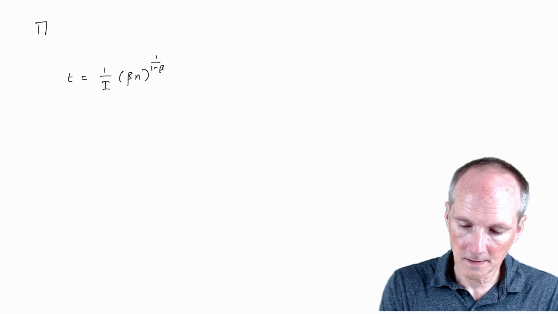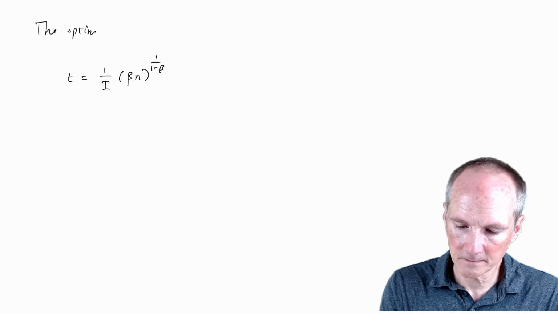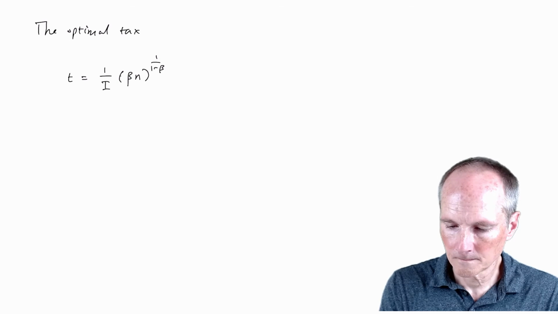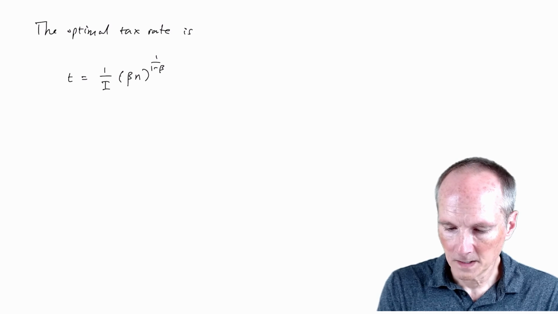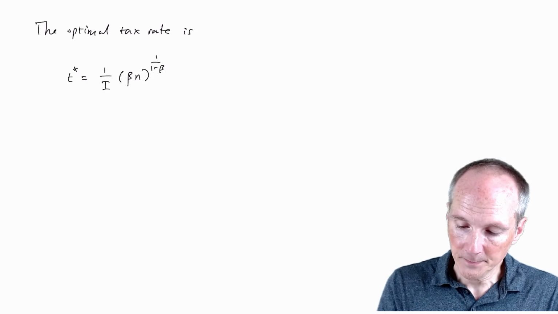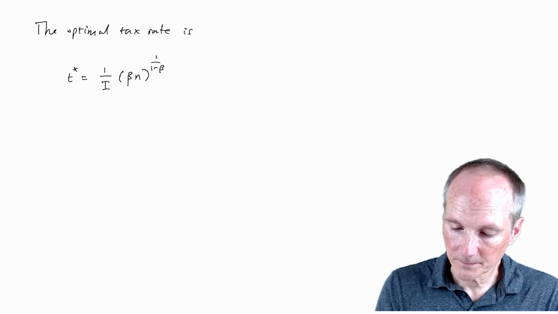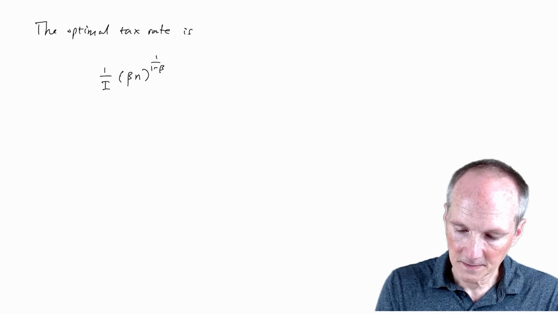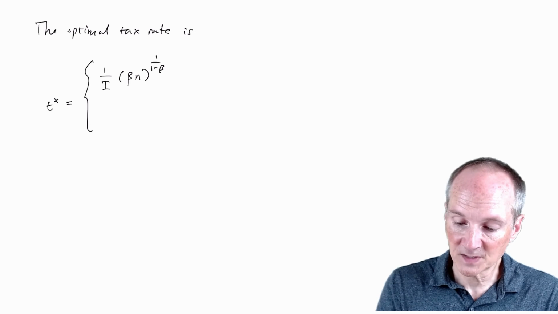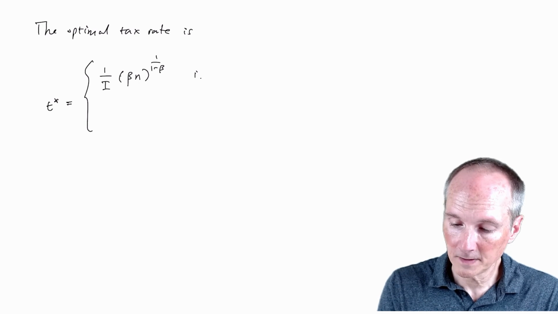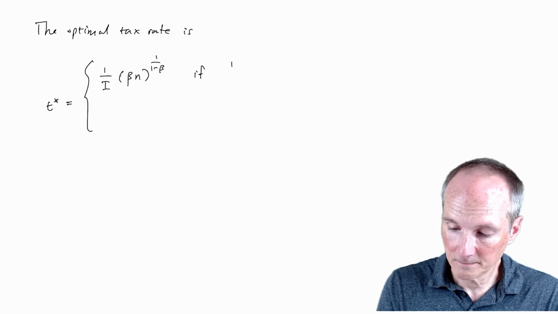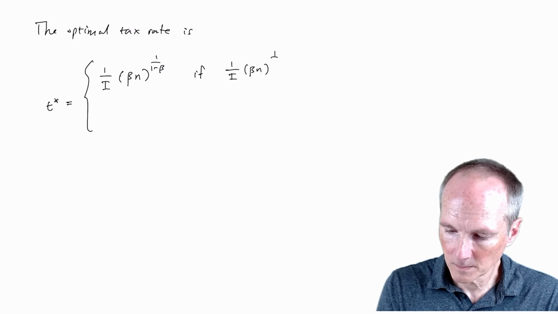And so the optimal tax rate is T star. Actually, let me write it like this. T star will be equal to this expression that we just solved for if it's less than 1. Or less than or equal to 1.